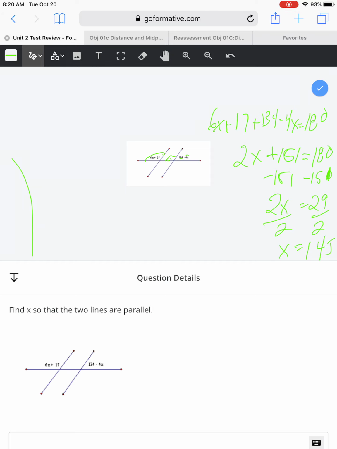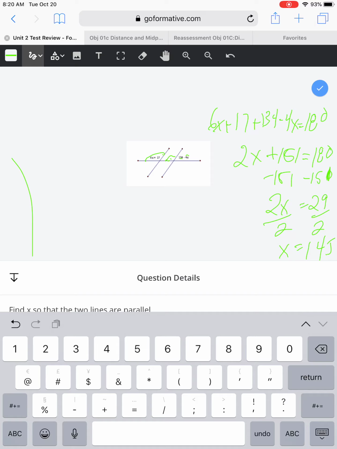All it was asking was for x, so x is equal to 14.5.